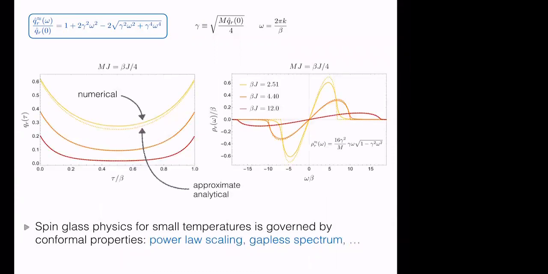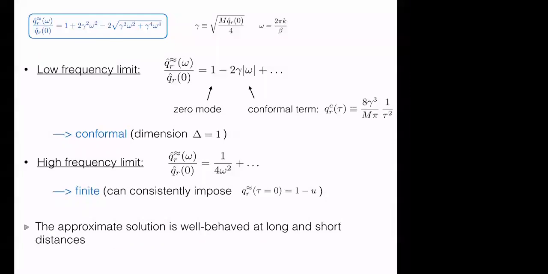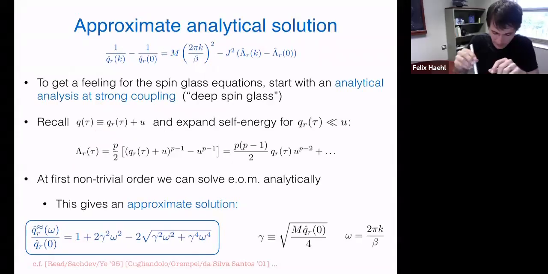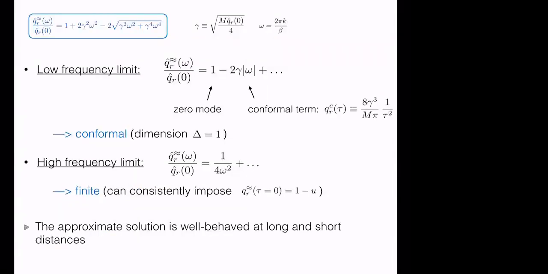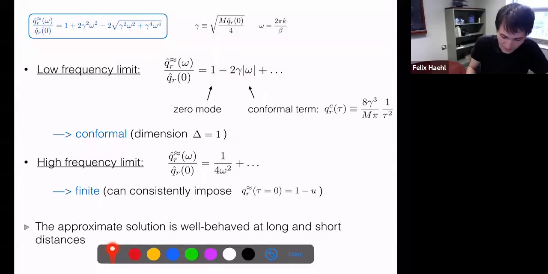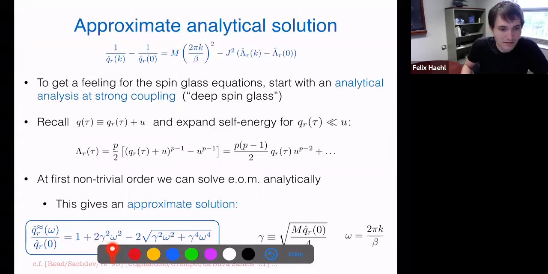I have a question. So gamma is smaller than the frequencies you consider, like in this expansion? Yeah, so the combination gamma omega in this expansion here would be small. Gamma goes roughly like 1 over j.